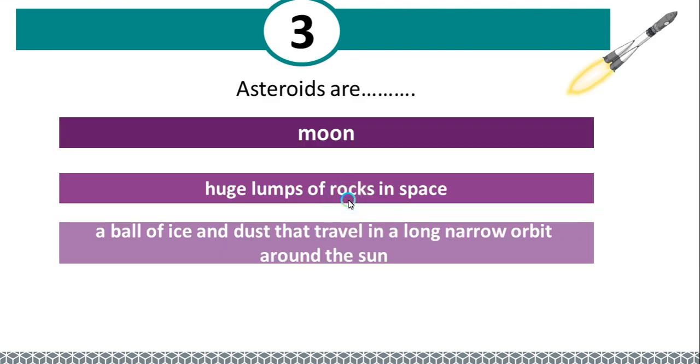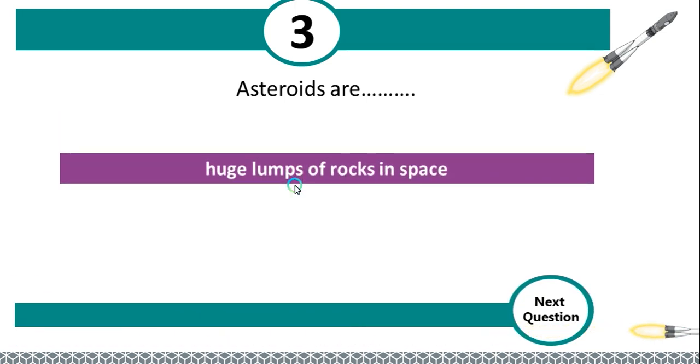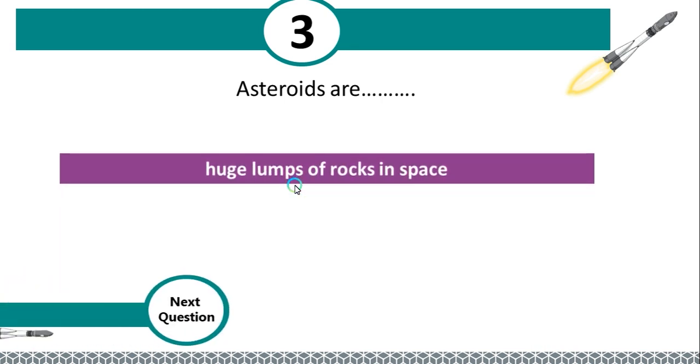What is an asteroid? A moon, huge lumps of rock in space, or a ball of ice and dust that travels in a long, narrow orbit around the sun? Okay, the answer is huge lumps of rock in space. Let's go to the next question.